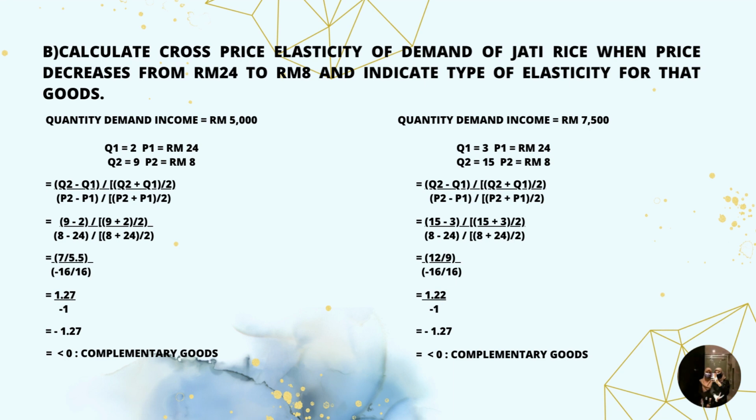Then we substitute the values into the midpoint formula, and we know this type of good is complementary goods because the final value is negative, which is negative 1.27.